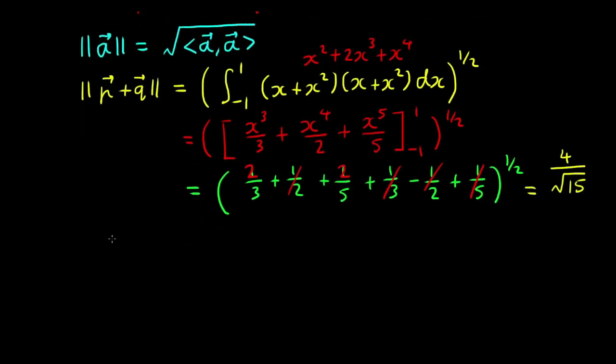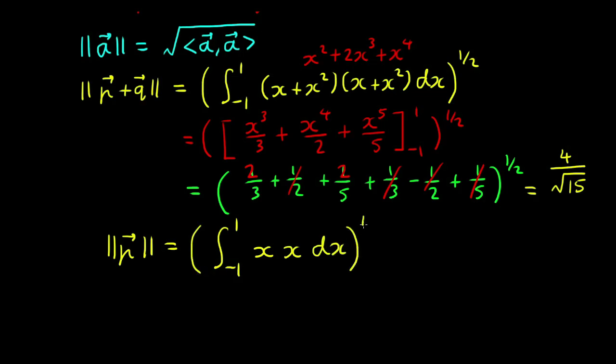And similarly, if we evaluate the norm of p, that's equal to the integral from minus 1 to 1, and the polynomial p has a component of x, so we'd have x multiplied by x integrated over x, and to get the norm we square root this.